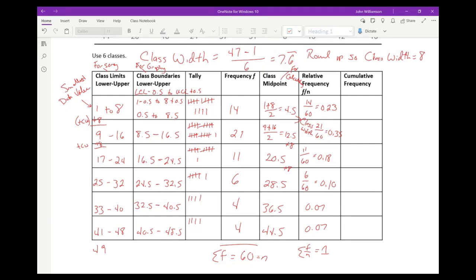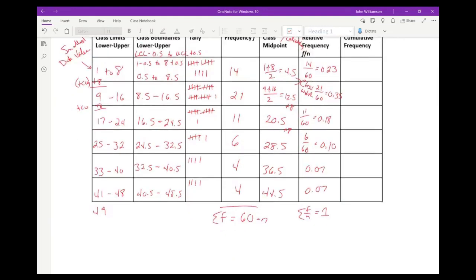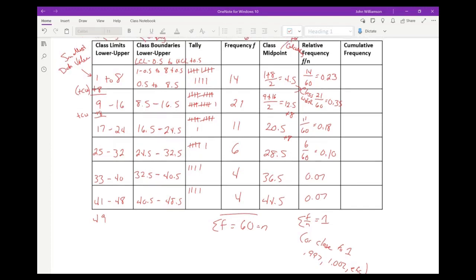That's fine. As long as it's close to 1, we can accommodate that rounding error and know that it's still close enough. If you're getting a sum of 0.87 or 1.5, you've probably done something wrong somewhere. Go back and check your frequencies, or your relative frequencies if your frequencies check out, right? But it's another spot to check. Make sure you haven't messed up somewhere.